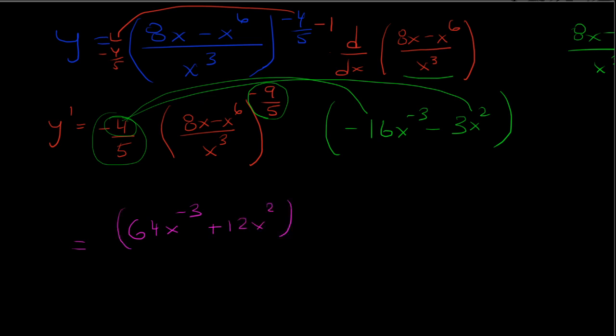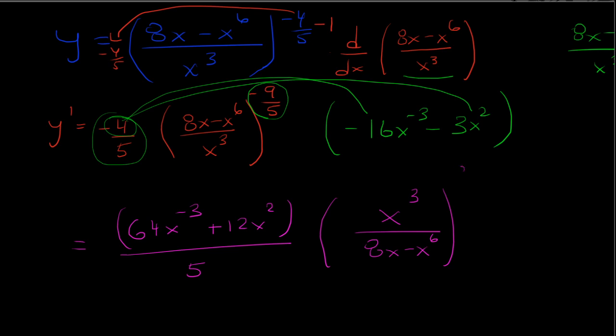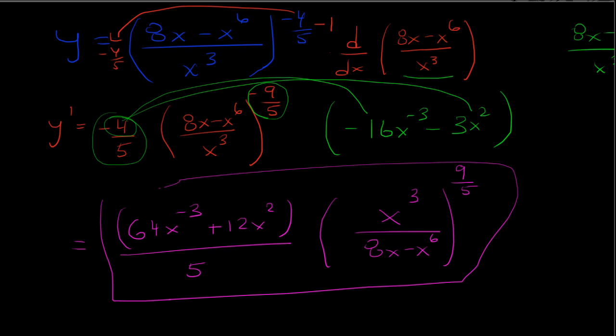And that's going to be all over 5. We're going to flip the fraction, so it's going to be x cubed over 8x minus x to the 6th, raised to the 9/5 power. And at this point, this should be good enough, so we don't need to simplify it any further.